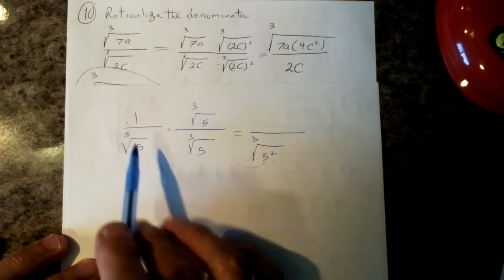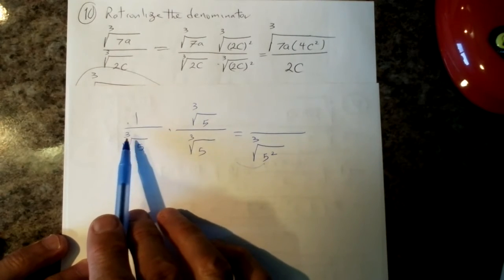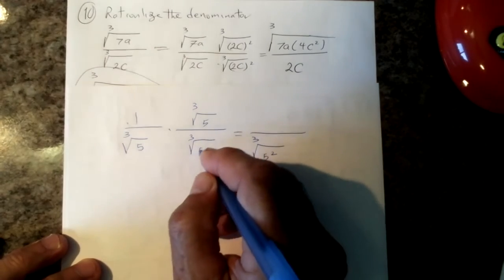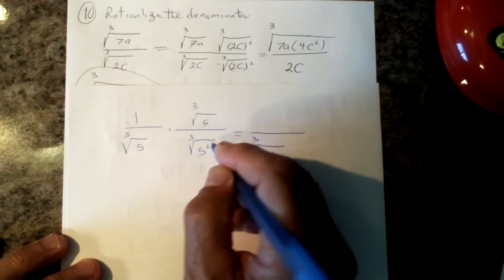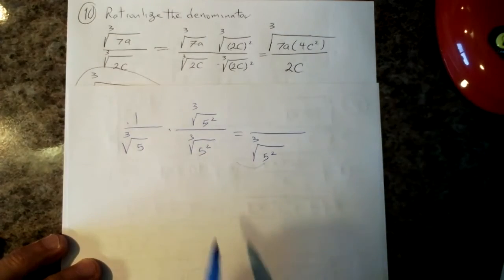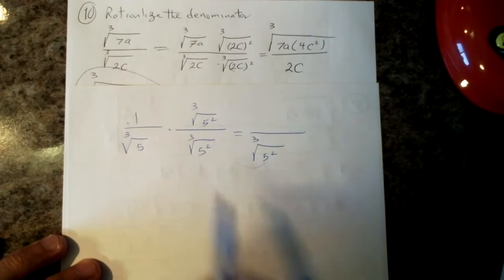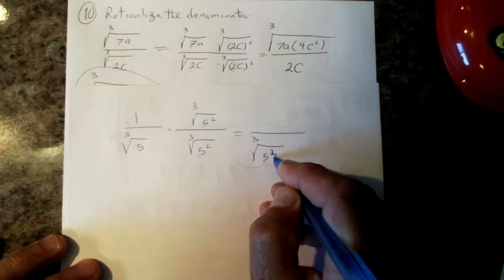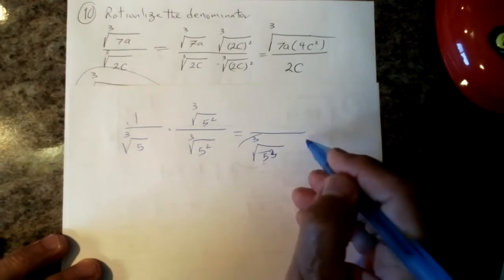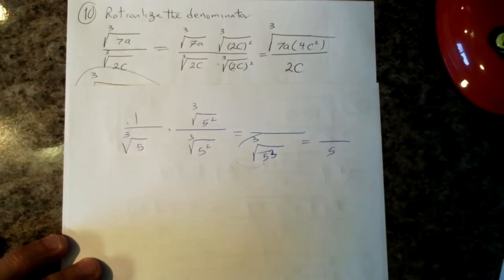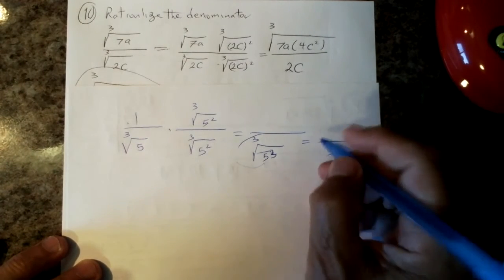So when the root is 3, you have to multiply both sides by 25 here, or 5 to the power of 2. See? Because in that case, when you combine these two, you have 5 times 5 to the power of 2, which is 5 to the power of 3. Then you can release the 5. So it depends what root you have.